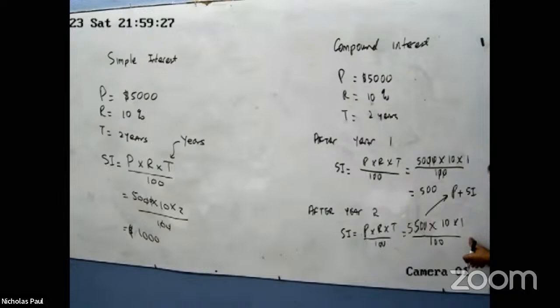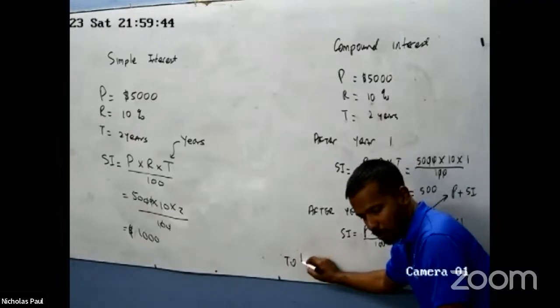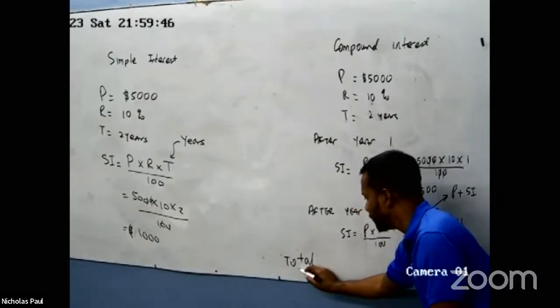All right, Tariq, you okay with that there? And this is how much? That'll cancel, so that'll be 550. You okay with that? So what will be the total interest?